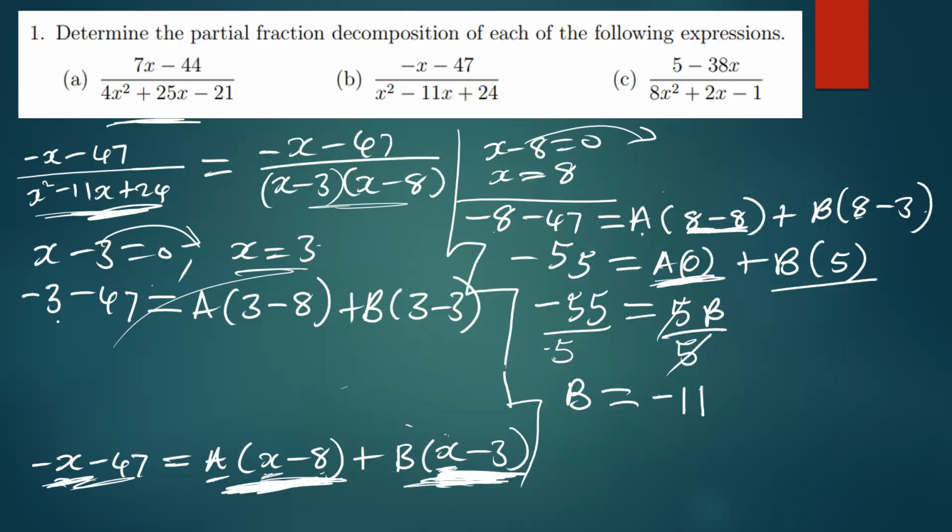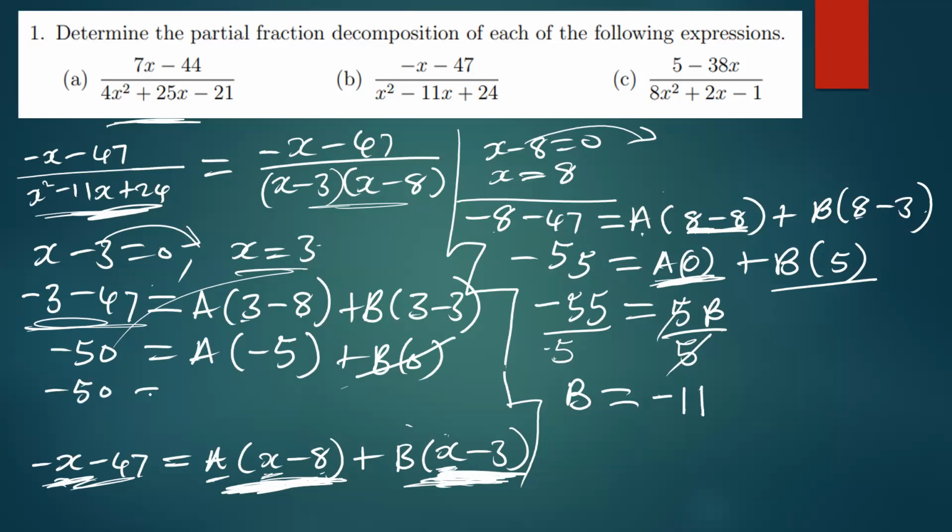So this side, I'm going to get -50, and then here I'm going to have a, open brackets, 3 minus 8, the answer is -5. And then plus b times 3 minus 3, the answer is 0. So this part will give me a 0, and I'll just remain with -50 being equal to -5a.